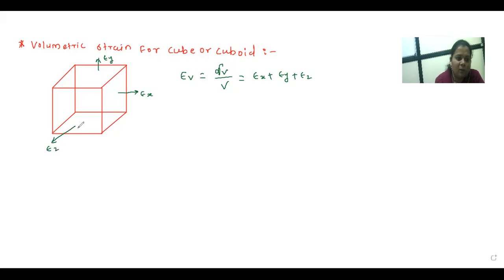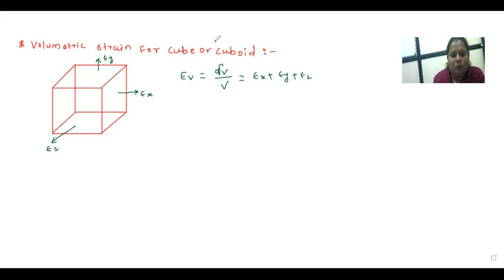When we add all these three strains, you will get the total change in volume, that is volumetric strain. So our basic formula is del V upon V.